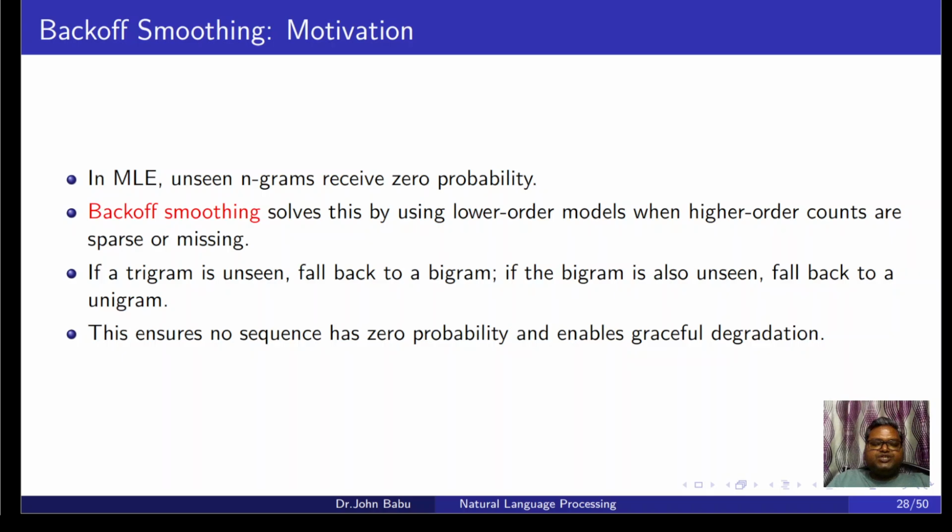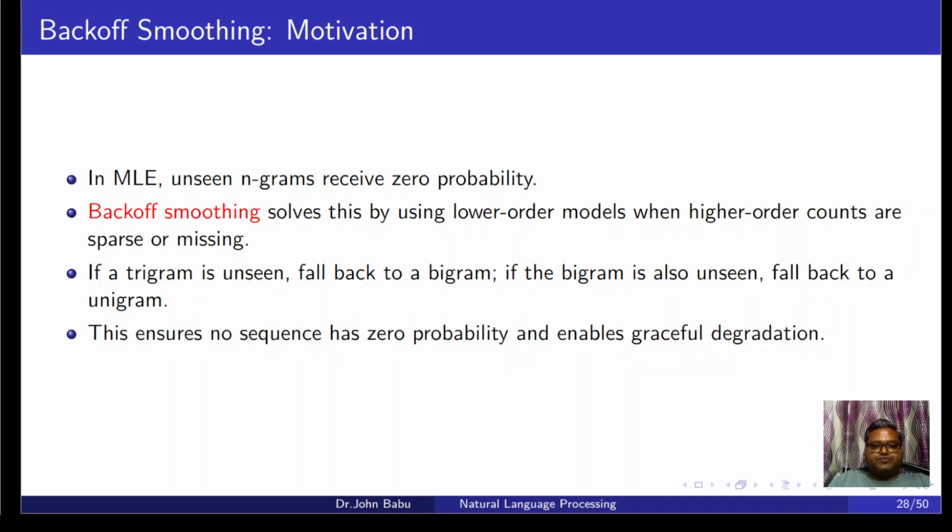The probability is zero only in the training data. If the trigram is not present in the training data, that doesn't mean that it is not present in the language. So we need two tasks there.